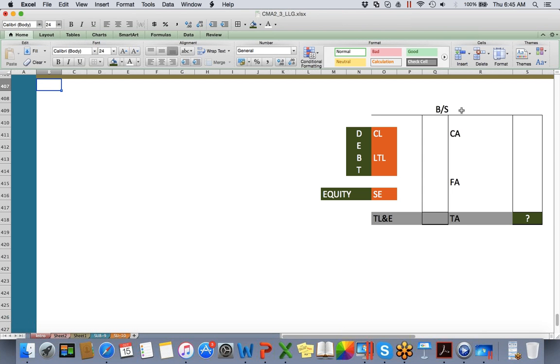Before we go to solvency analysis, let us have a glance at a T balance sheet, wherein your total assets are presented here. Total assets: current assets, non-current assets. This amount, I put a question mark here to check where this amount is contributed from.